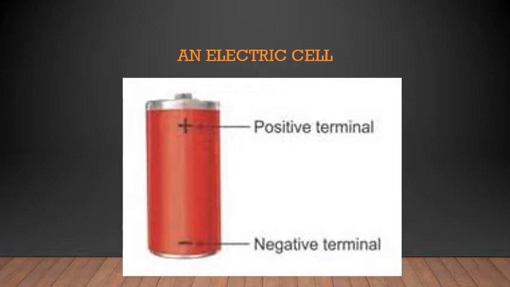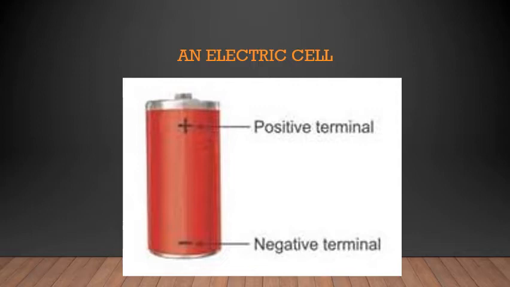All the electric cells have two terminals, a positive terminal and a negative terminal. These two terminals are very important in an electric cell. Only when these two terminals are connected by a wire or any other device can we use the electric power that is stored in this electric cell.